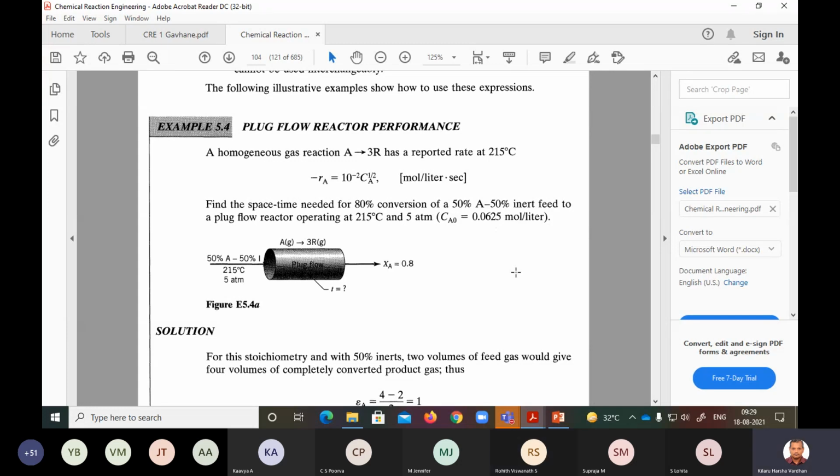Tau by CA naught is V by FA naught. That does not mean that numerator is equal to numerator, denominator is equal to denominator. They are different entities, because both expressions will have the same unit. Numerator and denominator together will have the same unit. Yeah. Any other? Good question.